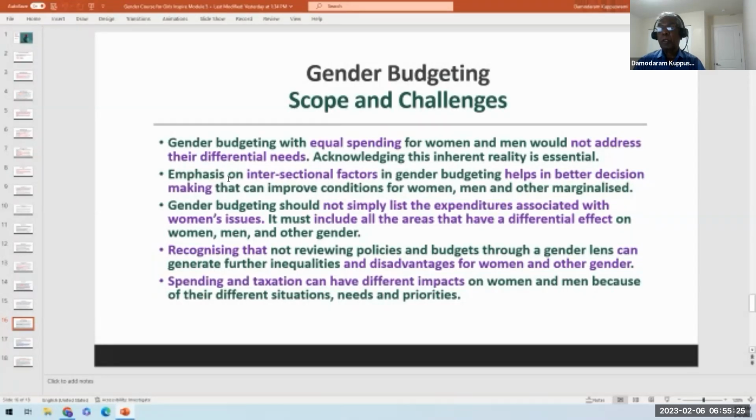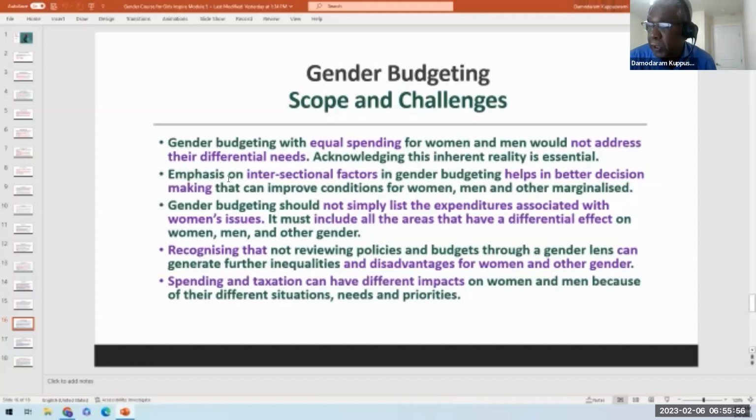So emphasis needs to be on intersectional factors. We have been saying it time and again, intersectional factors, because inequality and poverty are intersectional. So the discrimination that different vulnerable groups face is based on different social parameters. So therefore, we need to emphasize how these intersectional factors affect different genders.